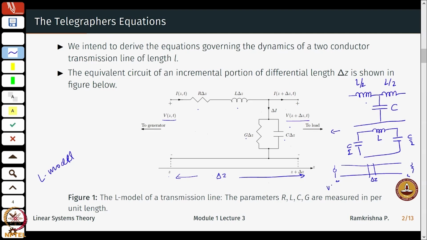So the voltage at length 0 at any time t will definitely be different than voltage at length L at the same time instant t, essentially because there might be drop in the line, right. So the line has its own resistances. So the voltage here might be different than voltage here, then here, ultimately until it reaches the load.